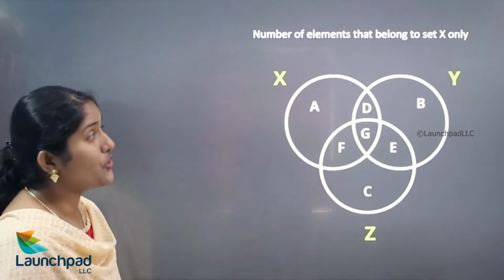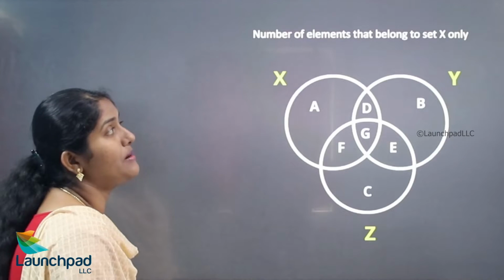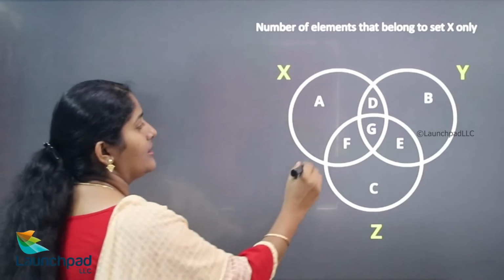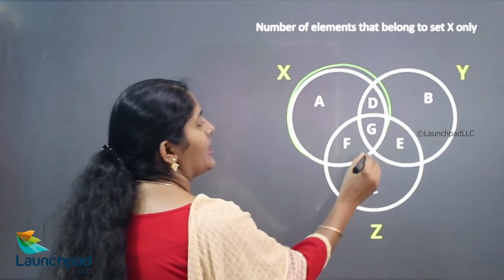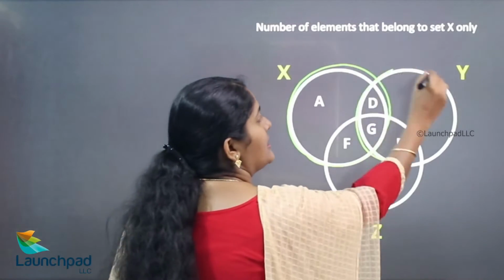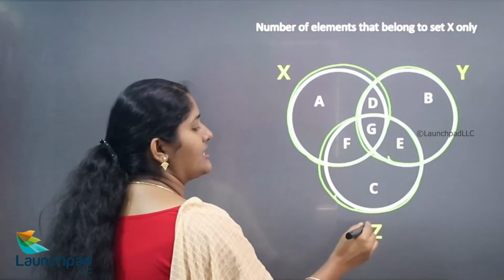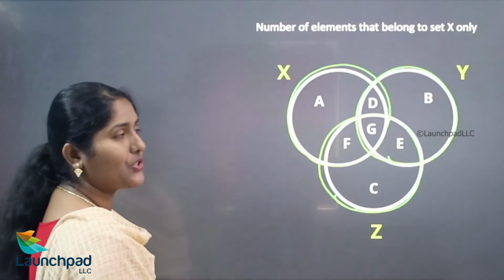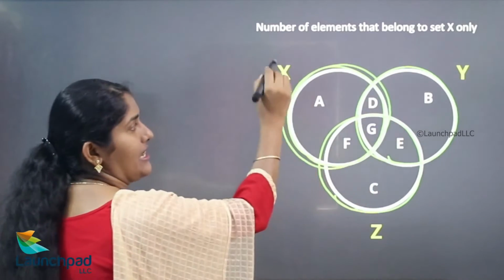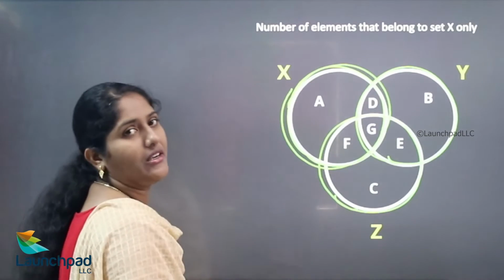This is your very first introduction of number of elements that belong to set X only. So here this circle is indicated set X, this circle is indicated set Y, and this circle is indicated set Z. Now your question is, the whole circle is denoted by set X, only element which belong to X only.